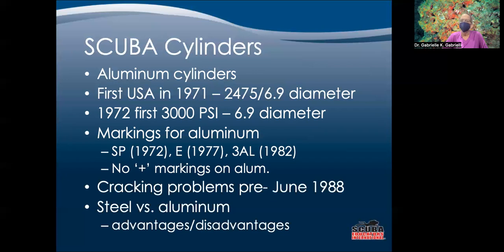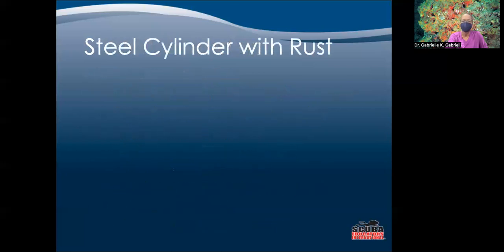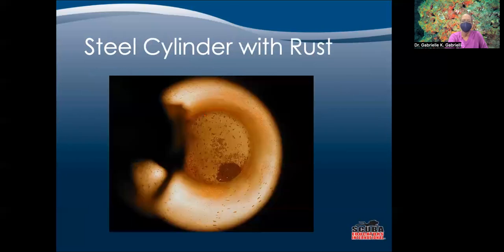But the steels will last longer. They're more prone to failing hydro tests. The visual test is where the aluminums typically fail, and that's where cracks are found, or an insufficient number of threads, and we condemn the cylinder, for corrosion, pitting, things like that. And steels have thinner walls as well. Great. Here's an example of what a steel cylinder with rust looks like.